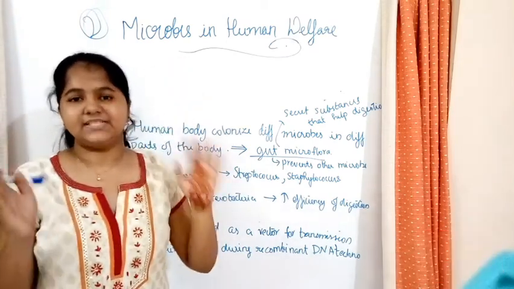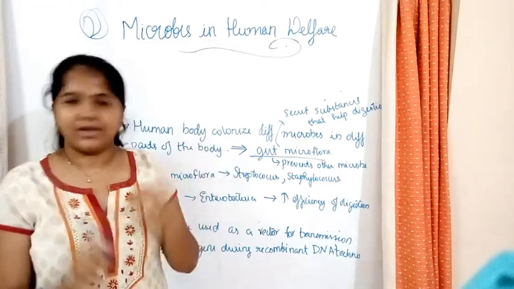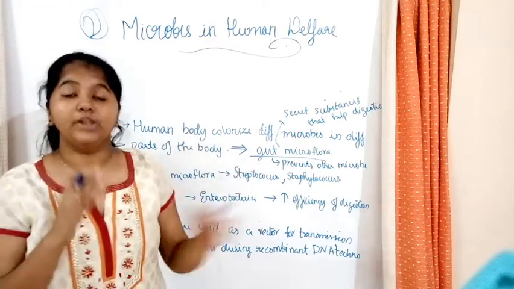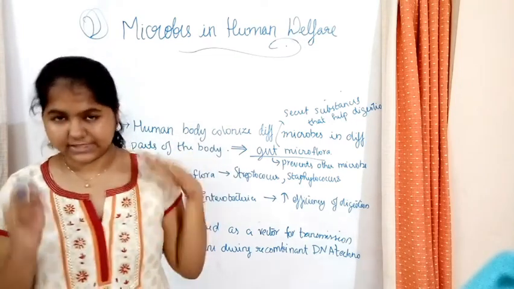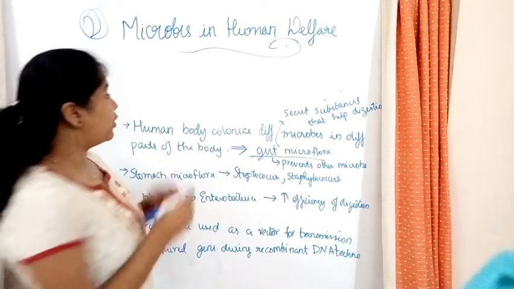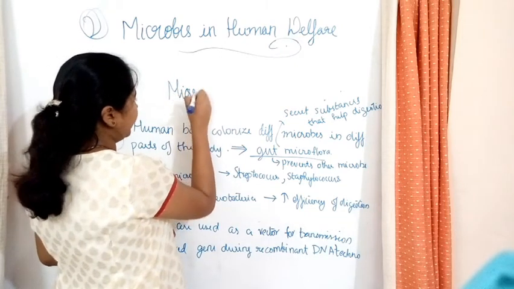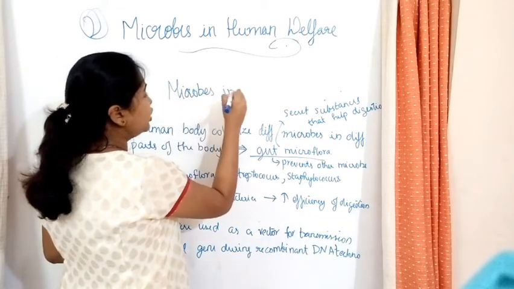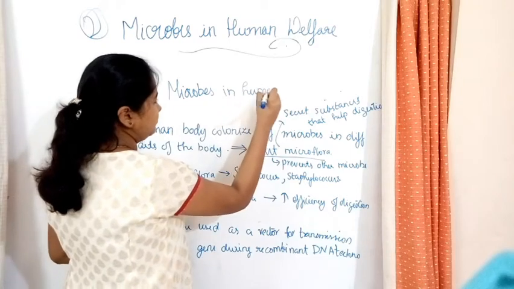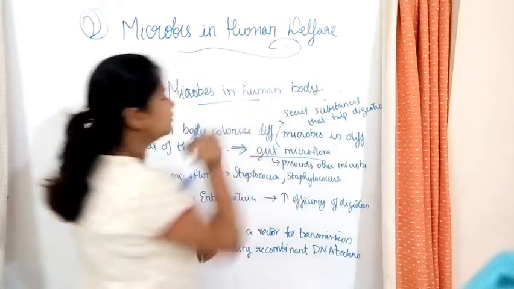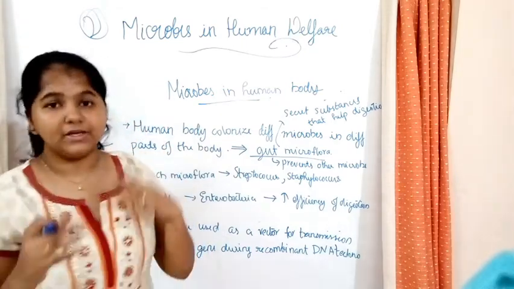In the previous session we discussed the industrial and household sectors, and the role of microbes in them. Now let's see what the role of microbes is in the human body.